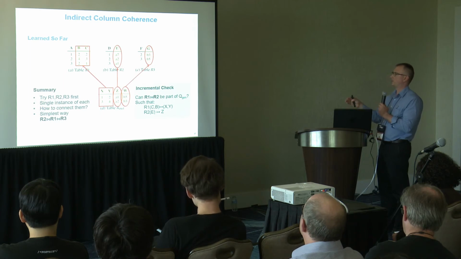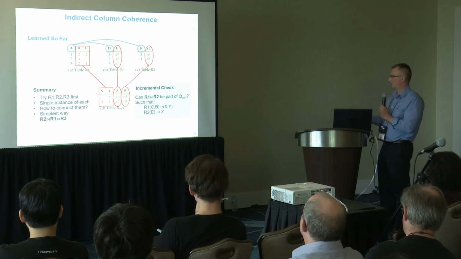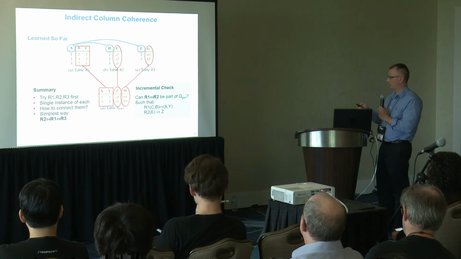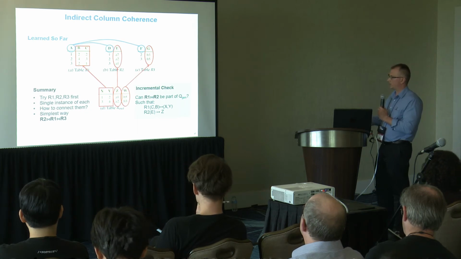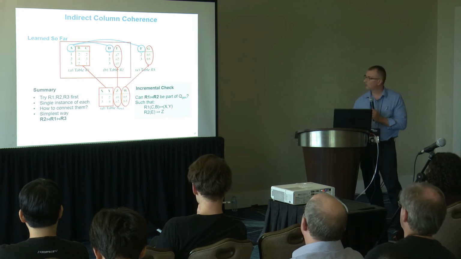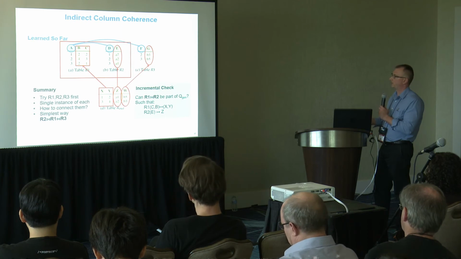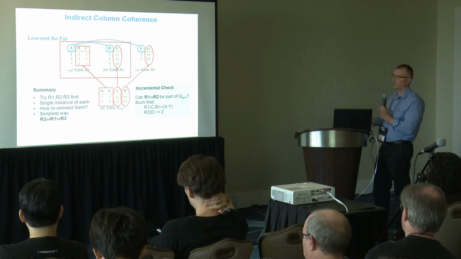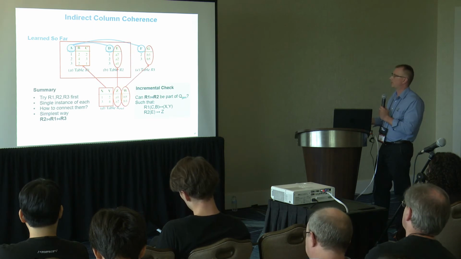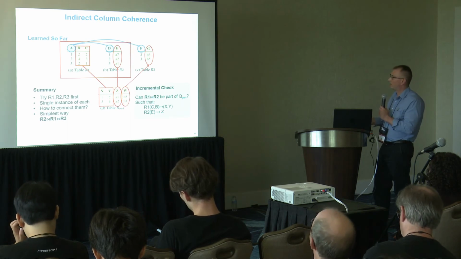Specifically, we need to answer this question. The join, just as a reminder, looks like this. Can a partial join like this, R1 and R2, be a part of Q_gen, such that columns XY are generated from columns CB and column Z is generated from column E?